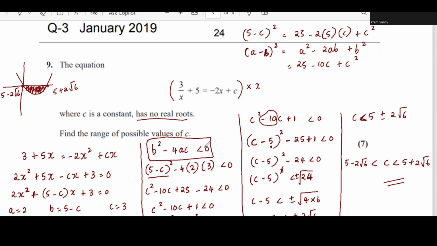Since b square minus 4ac is less than 0, the region we are considering is below the x-axis. The roots for c, where it cuts the x-axis, are 5 minus 2 root 6 and 5 plus 2 root 6. So since we are considering the region below the x-axis, c should be greater than 5 minus 2 root 6 and less than 5 plus 2 root 6.